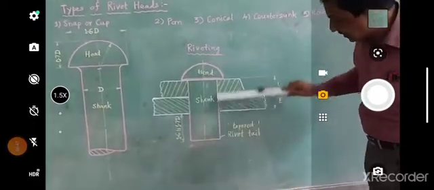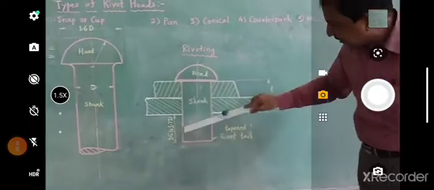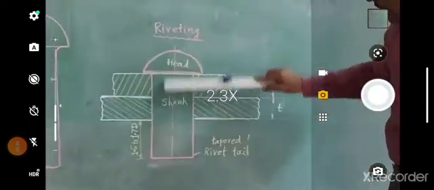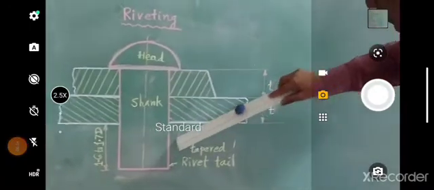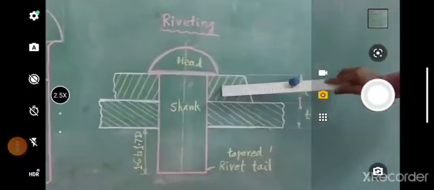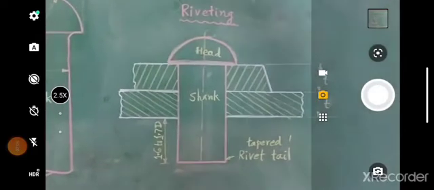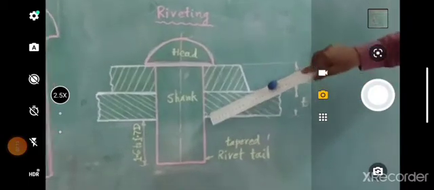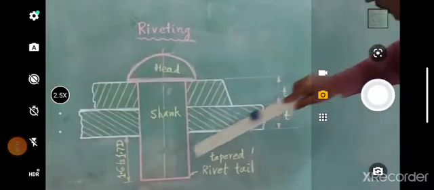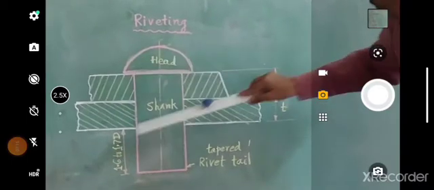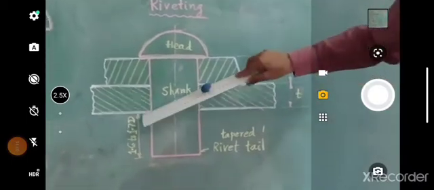After insertion, this extra portion is to be made into a cup shape here, so that the plates become a permanent type of fastener. Like the first head, one more cup portion we have to make here.